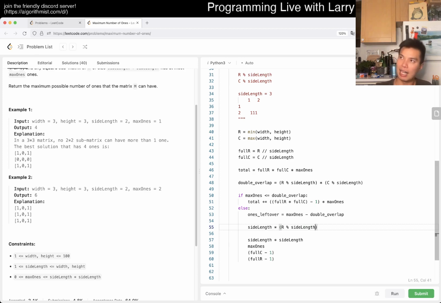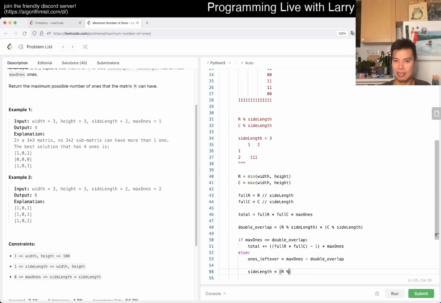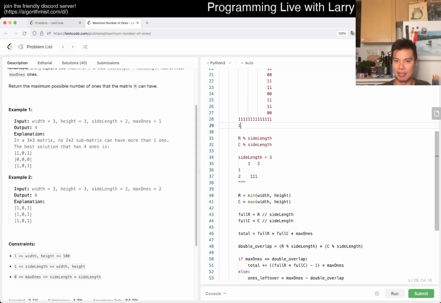That's the number of extra rows that we get factored in. So that is the rectangle that we have on the extra. It would be maybe this or something like this. So if you have something like this, it would be one of the 3x2s is what we're trying to do here.